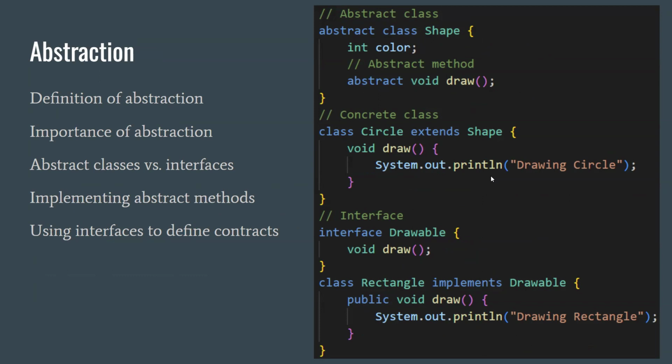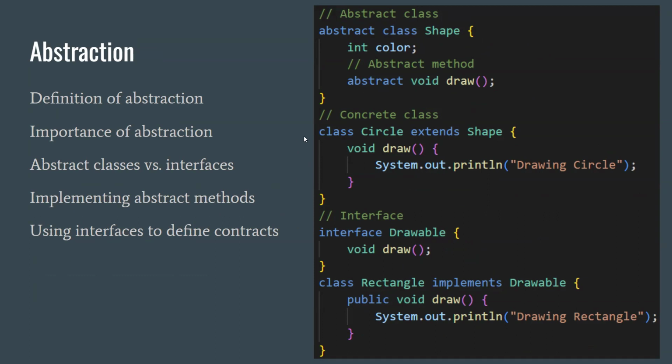Abstraction. This is the last one. Abstraction is about hiding complex details and showing only the essential features of the object. So in Java, abstraction can be achieved using abstract classes and interfaces.